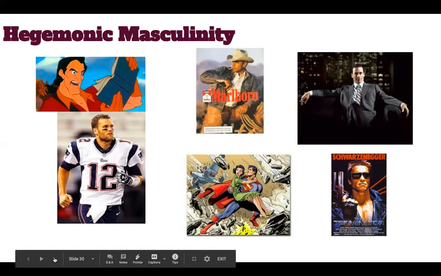The hegemonic male ideal: he is strong, he's brave, he's heroic, he's successful in business, he's athletic, he's tough, he can change a tire, he can kill a bug, he can catch a football. He might not be faster than a speeding bullet, but he is all of these icons that you see in front of you.